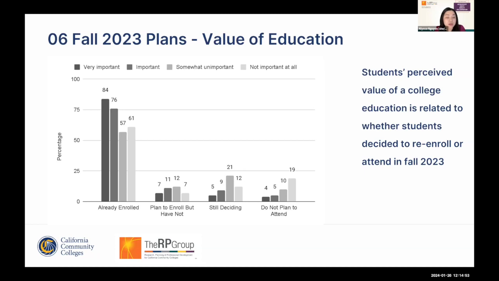The pattern of the relationship between the value of education and not planning to attend is in a direction that is opposite from the other ones, whereby we're seeing a greater proportion of students who feel like the value of education is not important at all relative to the other ratings. So you'll see there it's 19%, and goes in the other direction compared to the other fall 2023 plans.